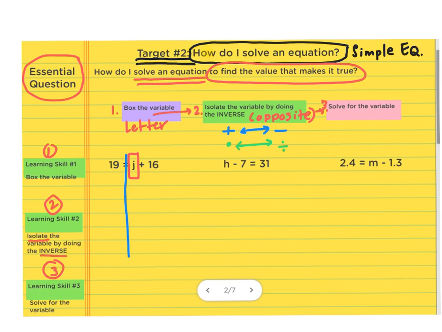So last week, what we ended up doing with our algebra tiles is that we would literally put 16 algebra tiles here. And yes, I'm going to draw 16 so that you can see what it looks like. And then in order to move those 16 algebra tiles over here, we had to do the opposite.